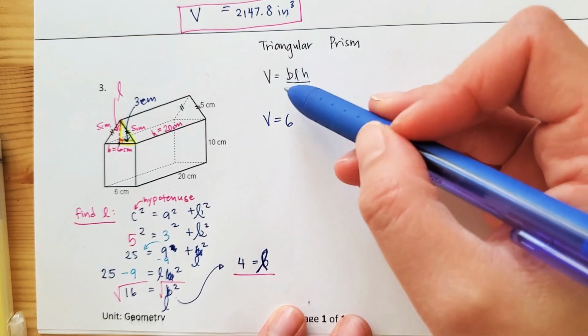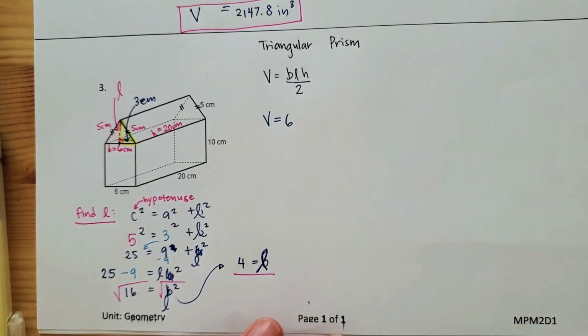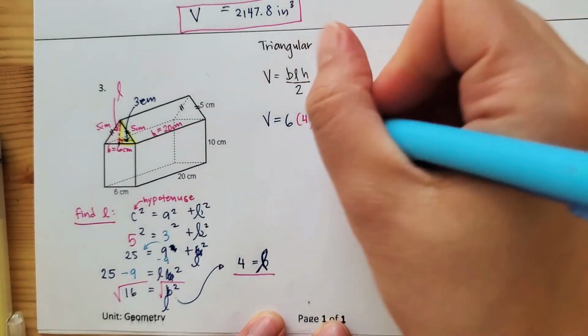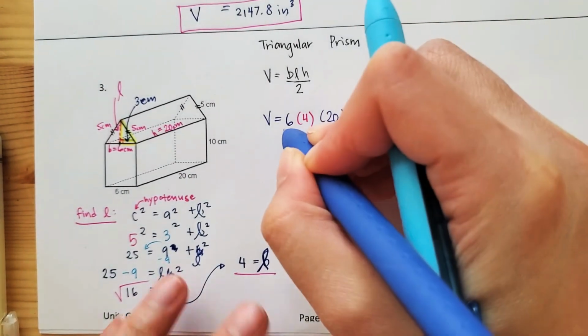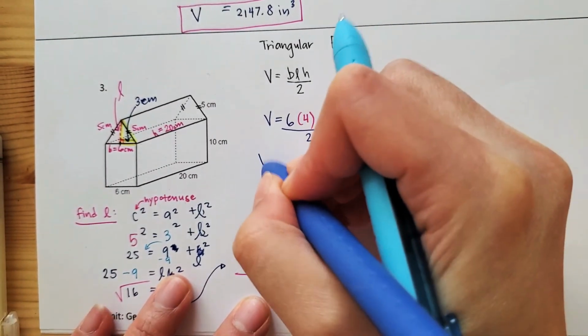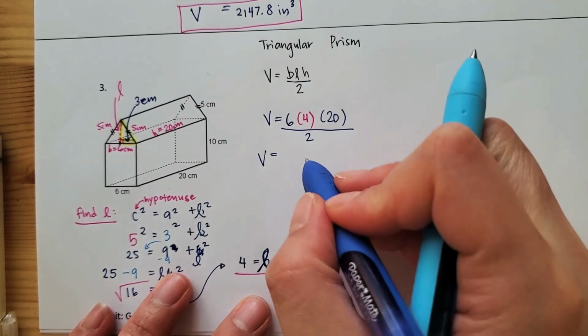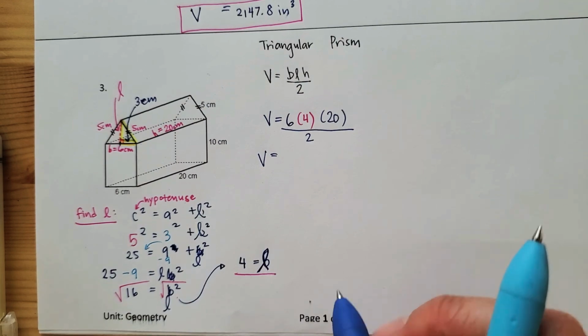So the base of the triangular prism is 6. The length, or the L, is, you got that, it's 4. Multiply it by the height, which is right here, which is 20. Okay, so I'm going to do the calculations there. I should get 80.